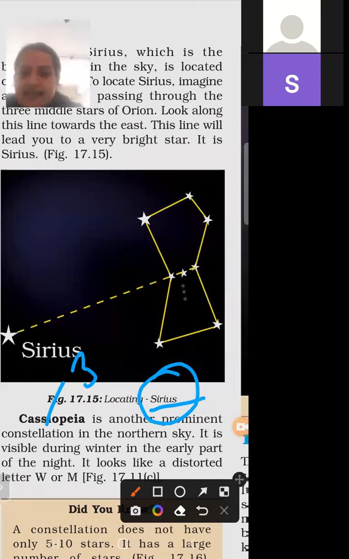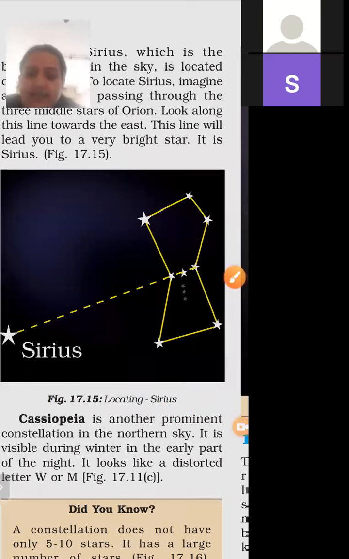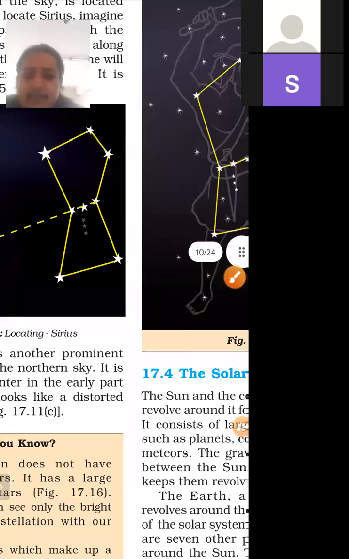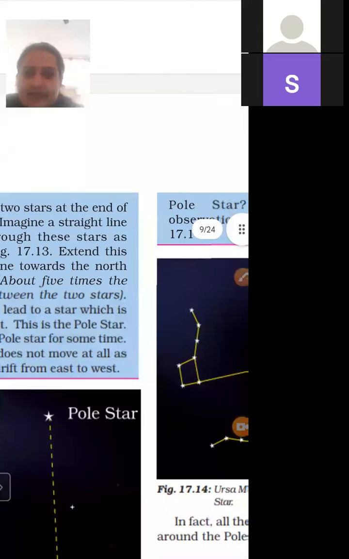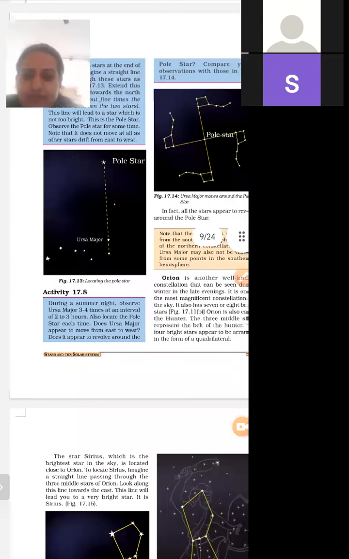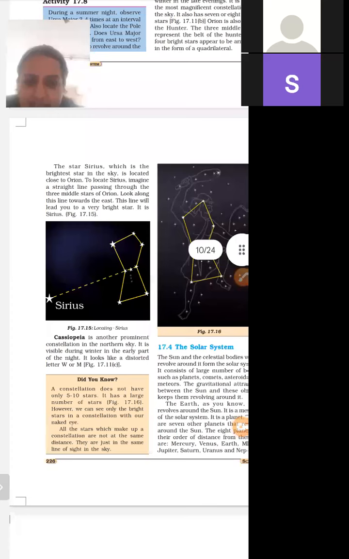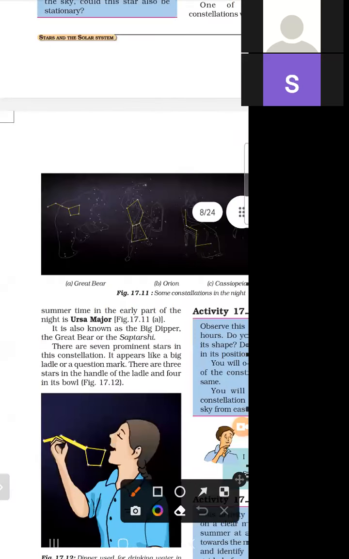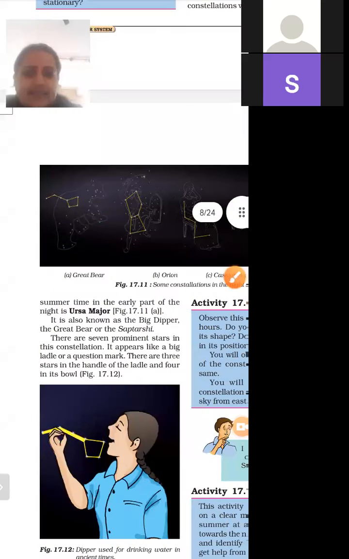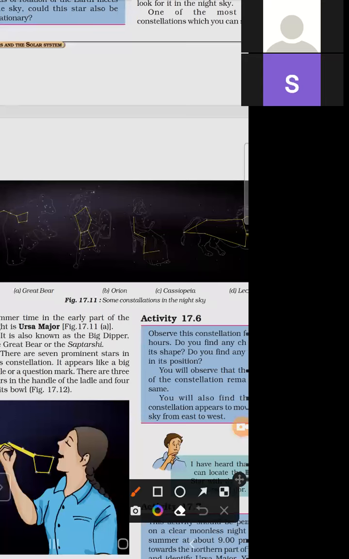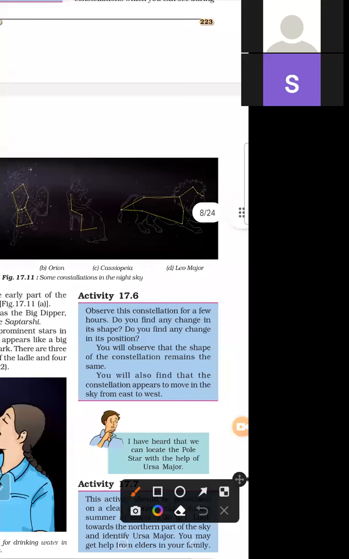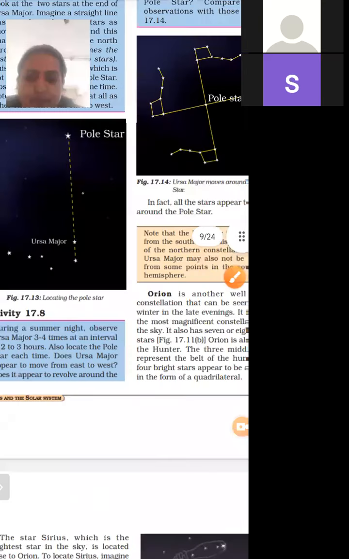Third constellation is Cassiopeia. These are the different constellations in the sky. Fourth is Leo Major. So you have to remember the different types of constellations.